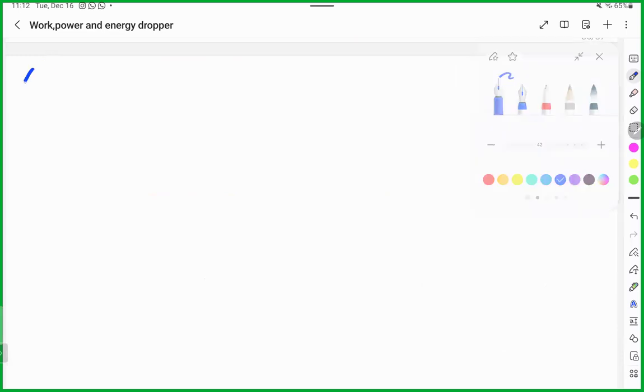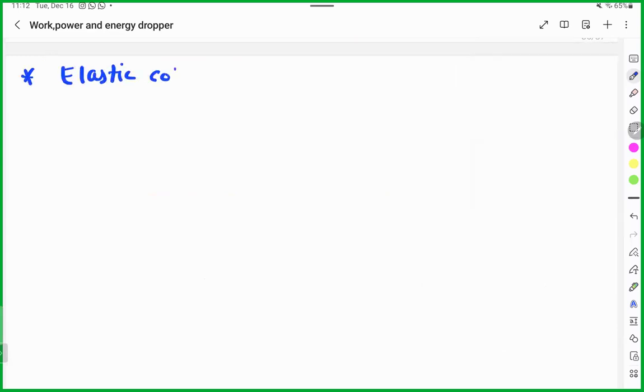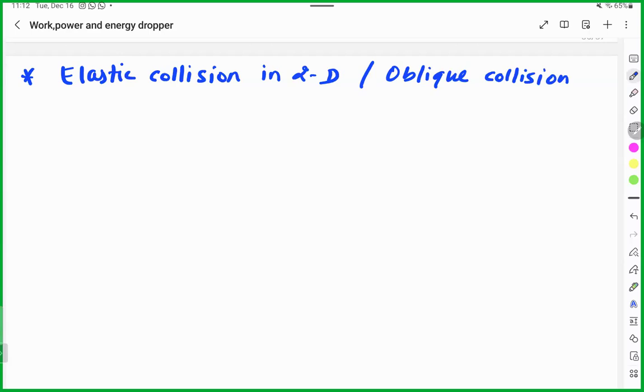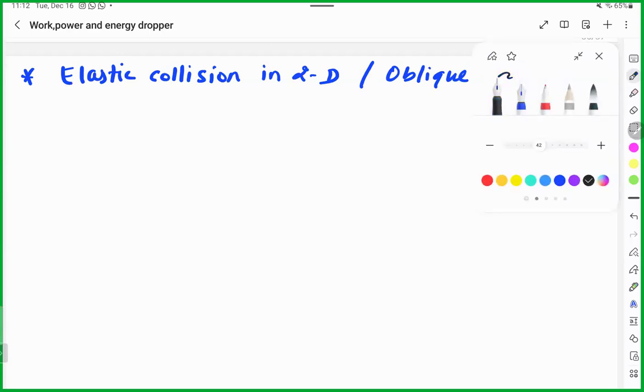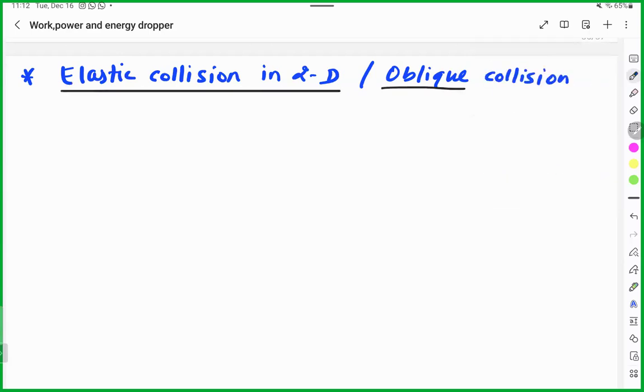Focus on the next topic, elastic collision in 2D. This collision is also known as oblique collision, because after collision, the bodies will move obliquely. Same thing, but this time you will talk about only 2D.